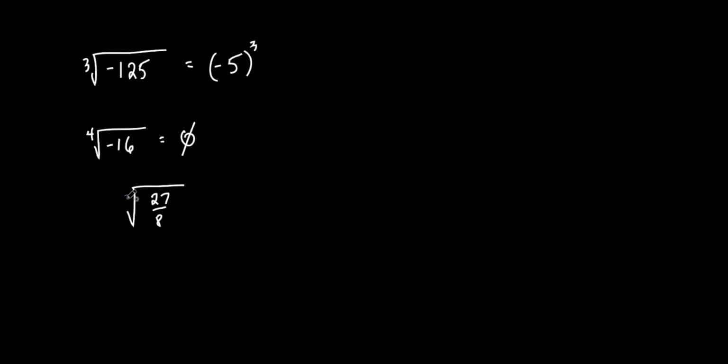What if you had the cube root of this? I looked at this for a while. There's an easy way to do it, but I'll just do it the way I do it. What does this mean? This means the cube root of 27 over the cube root of 8.